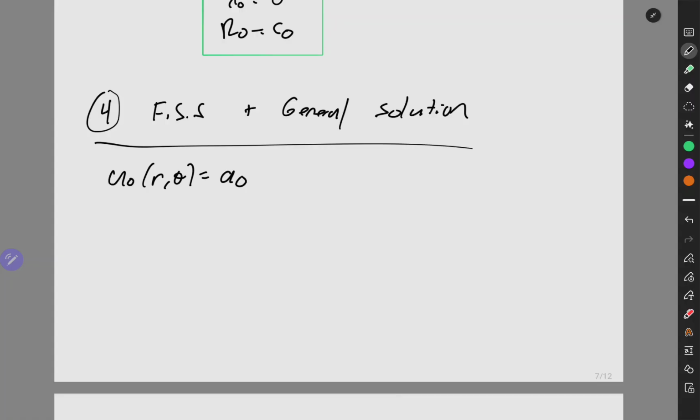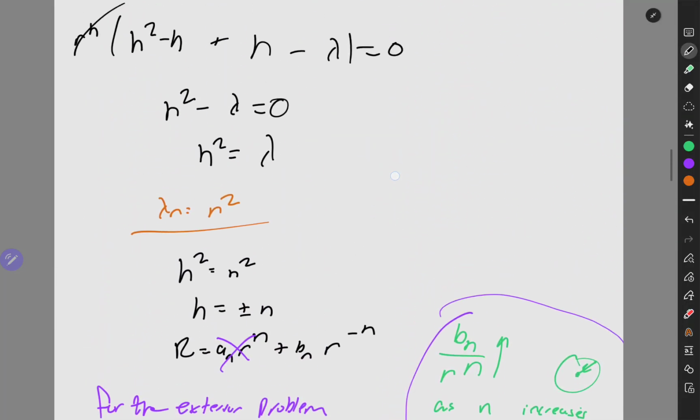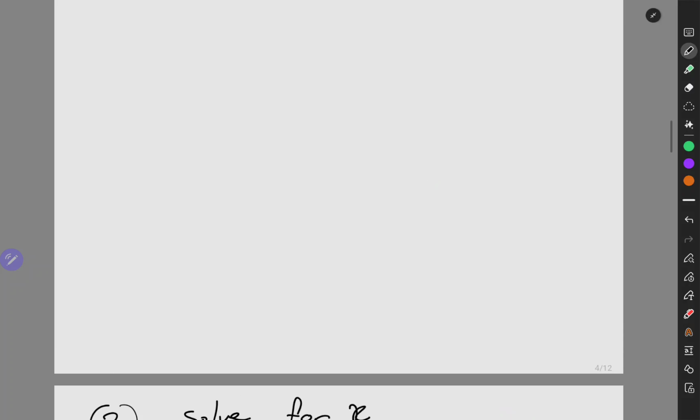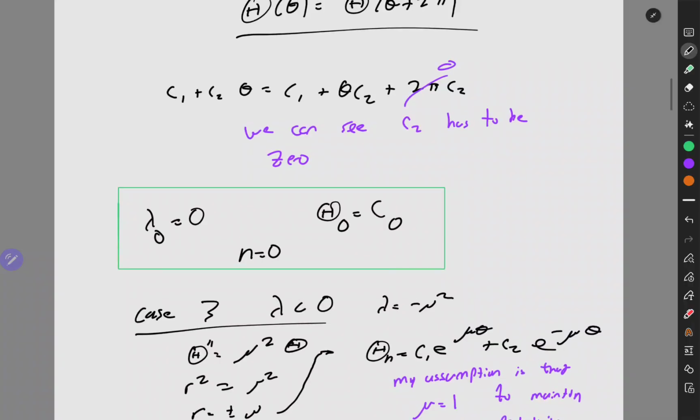This is c naught times theta naught. It's c naught, so it's c naught times c naught. I'm just going to call it a new constant, a naught.